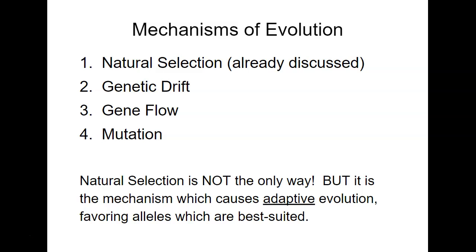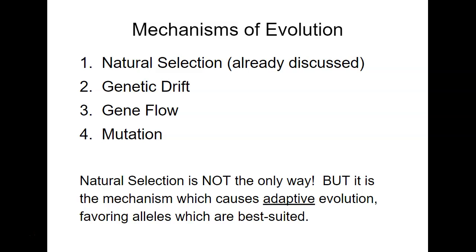So how does evolution happen in populations? We already talked about natural selection. And one of the criteria for the Hardy-Weinberg equilibrium is that no selection can take place. So if it does, then the population is evolving. The other ones I want to mention here are genetic drift, gene flow, and again, mutation.